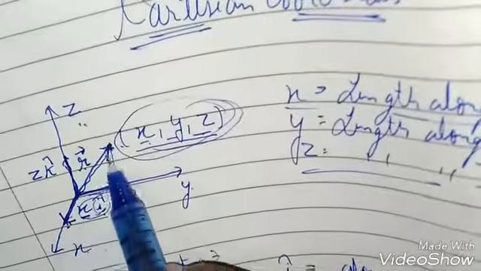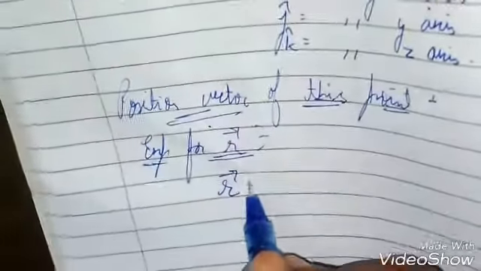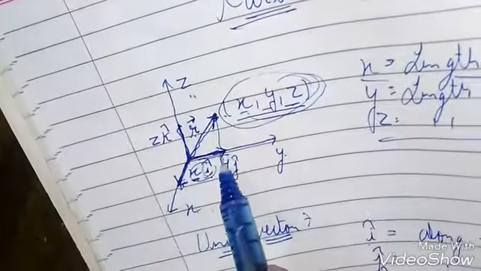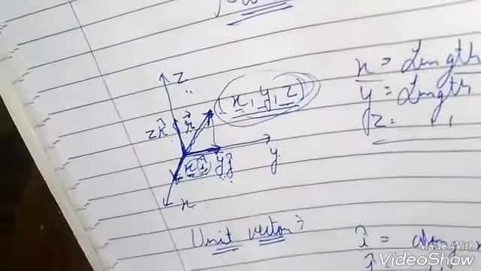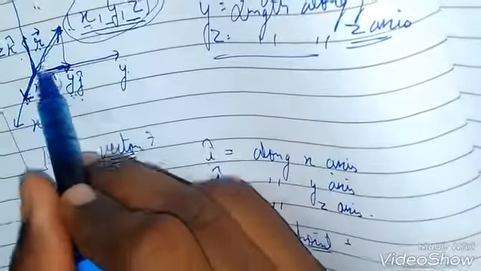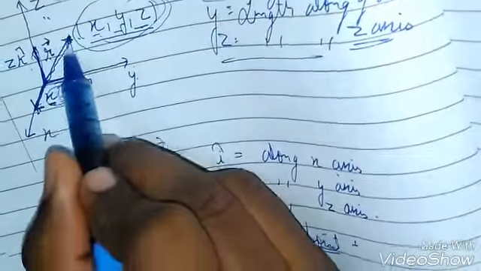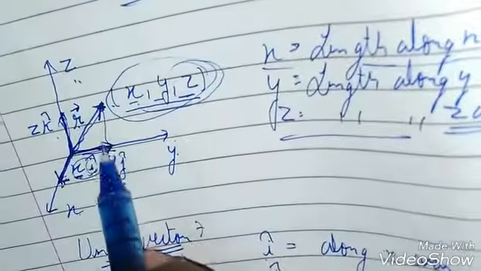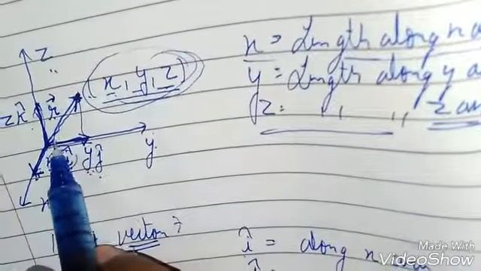Hence this r vector can be written as: its length along x is x, along y is y, along z is z. Hence r vector can be written as a sum of these three vectors. It is in 3D. I cannot represent this vector in 3D because it is a 2D copy, but you can imagine that it is in 3D.